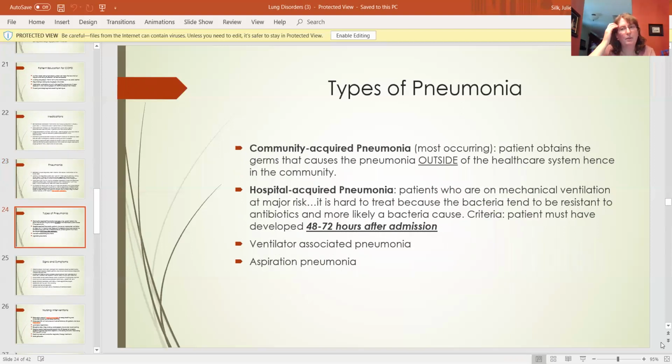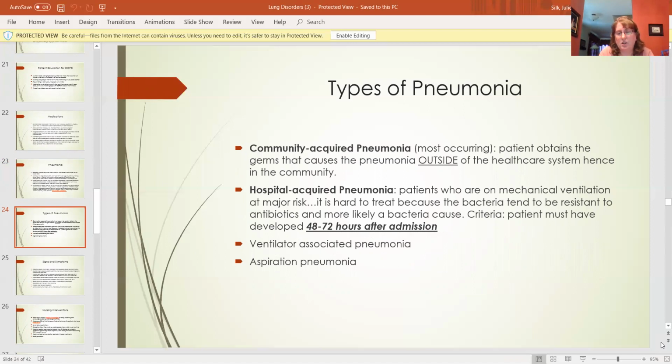There are different types of pneumonia. There is something called community-acquired pneumonia, which is the one that you see most often. This is where a patient obtains the germs that cause the pneumonia outside of the healthcare system. So they just develop it in the community. And then there's hospital-acquired pneumonia.